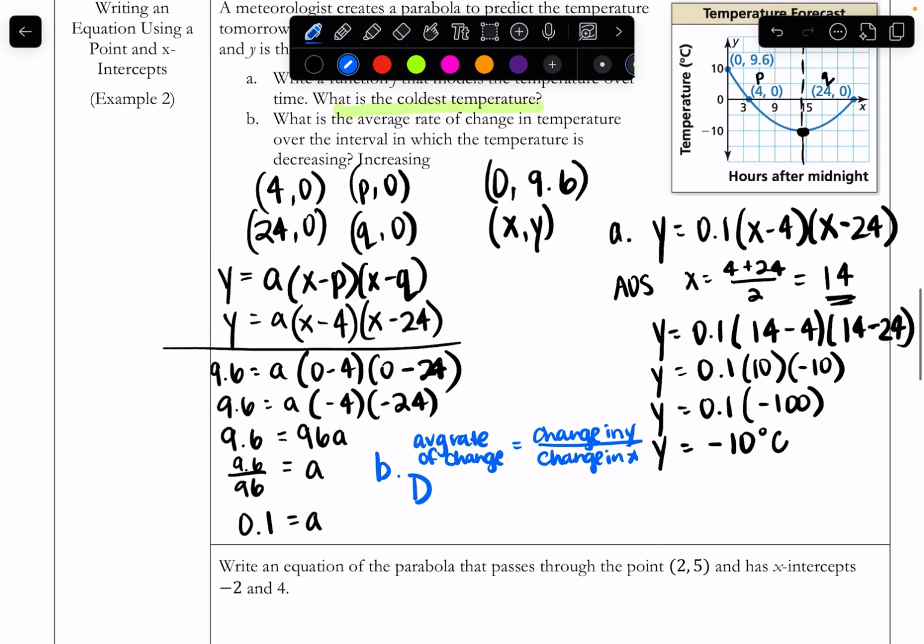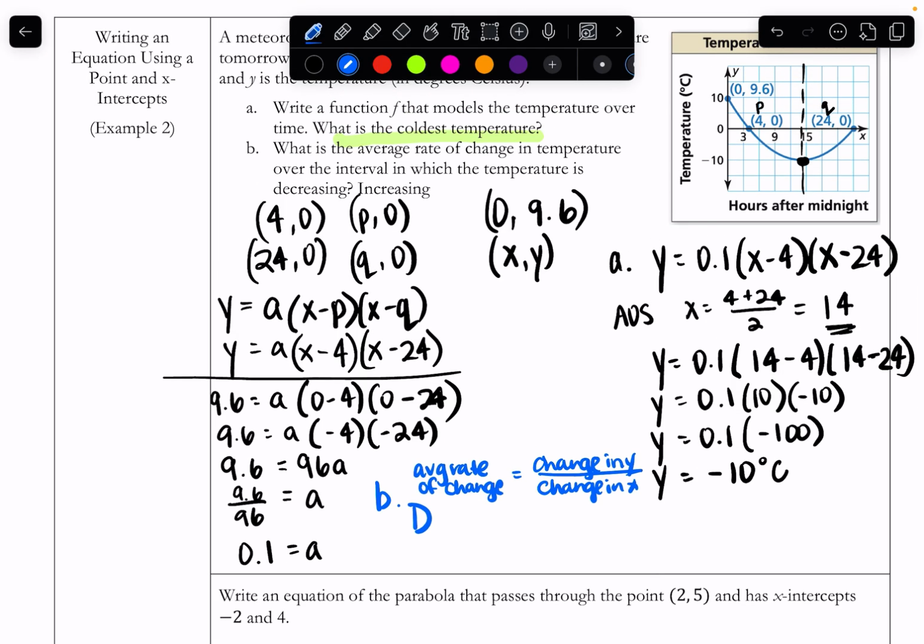All right, so let's go back and look at our graph. We do know that this point here is 14, negative 10, right there. And if we're talking increasing and decreasing, that is always half of the parabola for each one of those intervals.